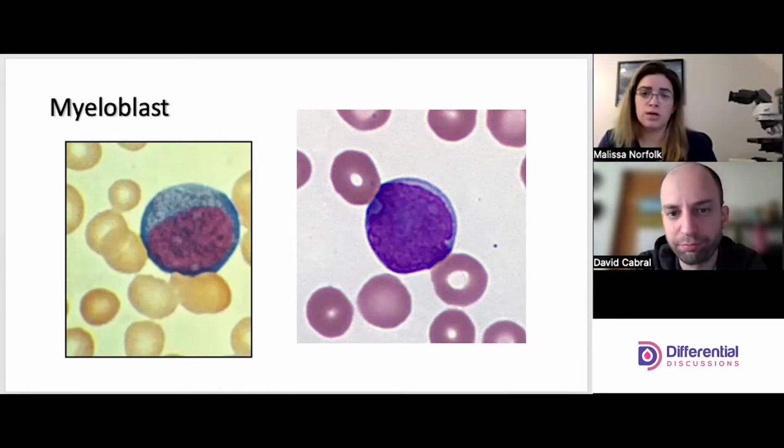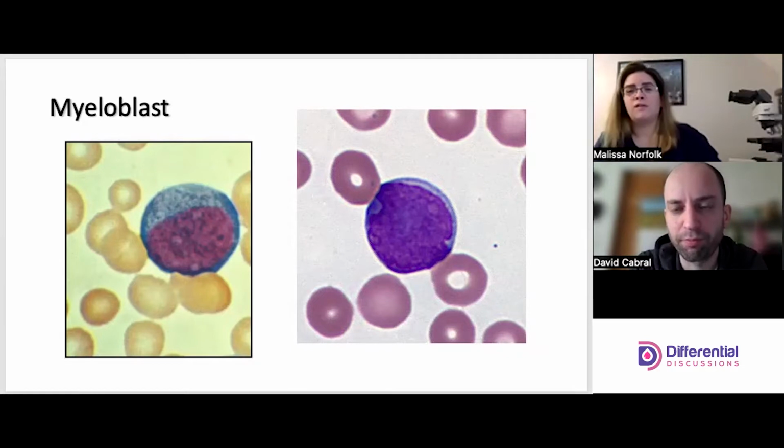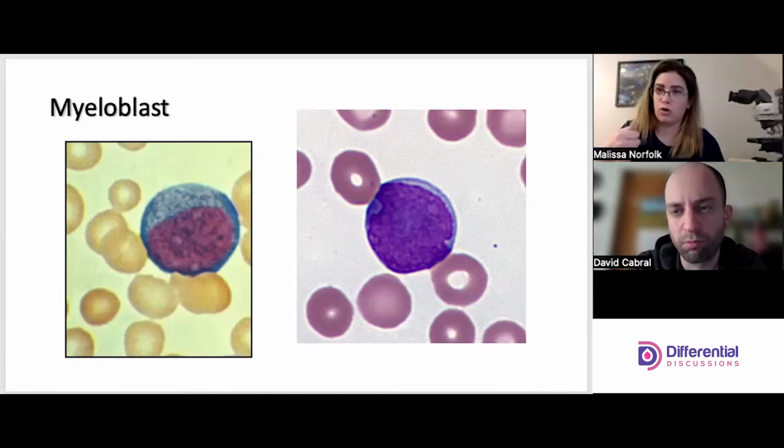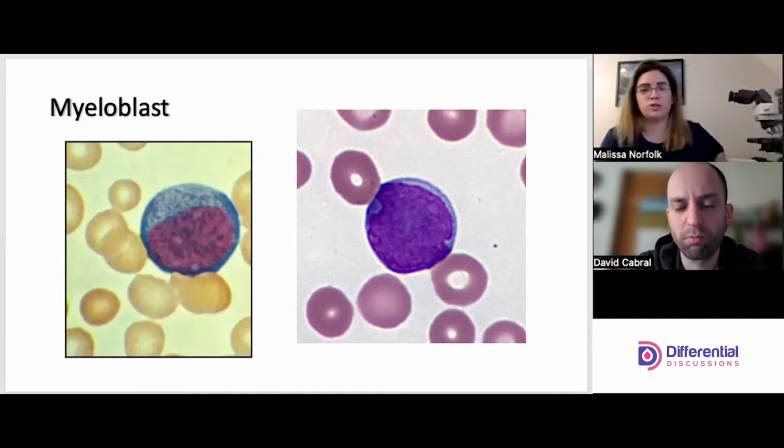So the cytoplasm is blue because of the RNA. The nucleus generally takes up the majority of the cell. And it does have that nice, fluffy, homogeneous, almost velvety look to the chromatin in the nucleus. And then, of course, the nucleoli are the hole punch. They look like you punched a hole in the nucleus with a hole puncher.